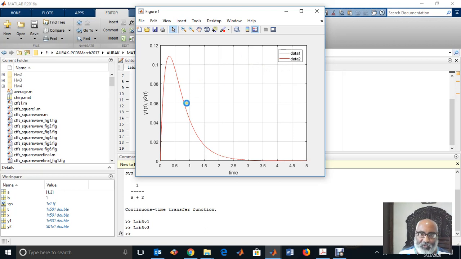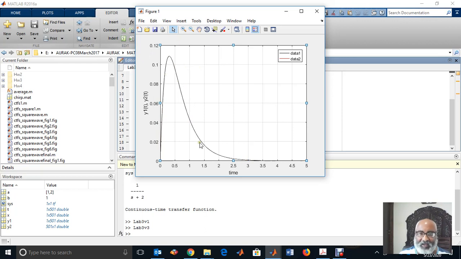Or what you can do, for example, is delete the red one. I delete it. Below I should get the black color. Yes, so below is the black color, which shows the theory is exactly matching the simulation result.